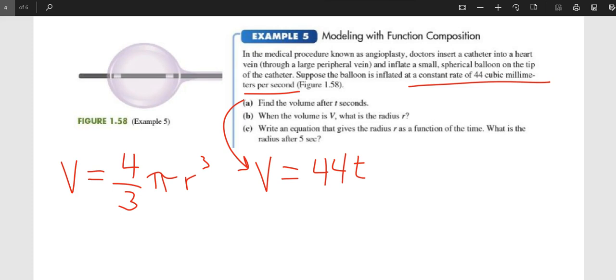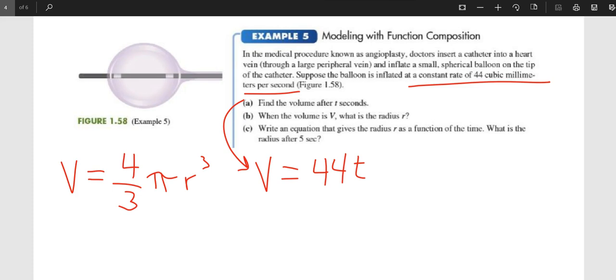The volume, right? That's eventually what we're going to be handling, is putting these two equations together with the common variable. But part B says, when the volume is V, what is the radius R? In other words, they want you to solve that equation on the left for the radius.